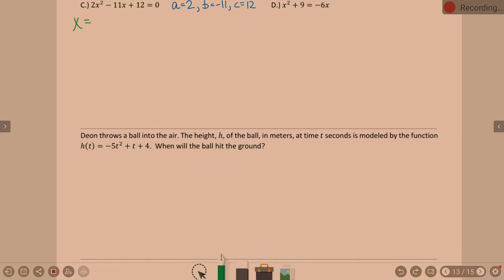So negative 11 is positive 11 plus or minus the square root of b squared, negative 11 squared, minus 4 times a, which is 2, times c, which is 12, all over 2a, so 2 times 2.